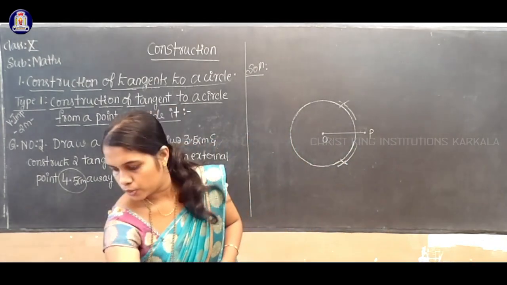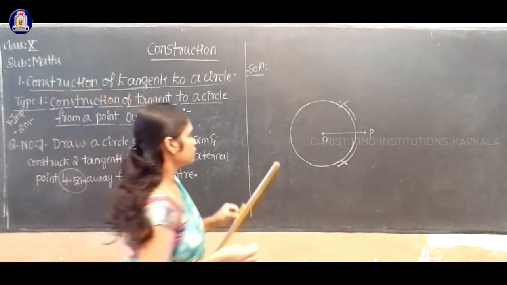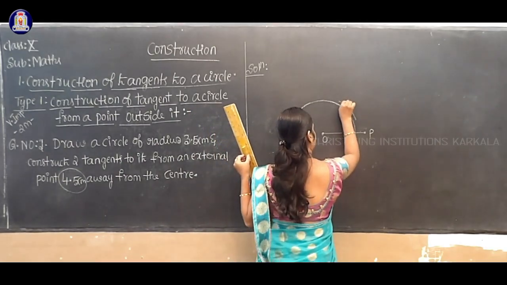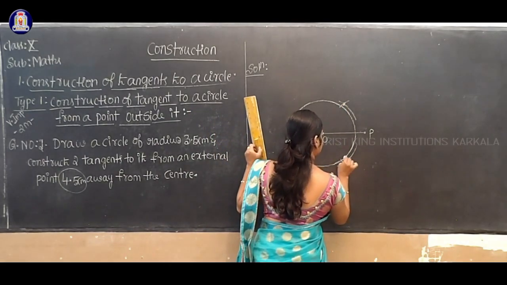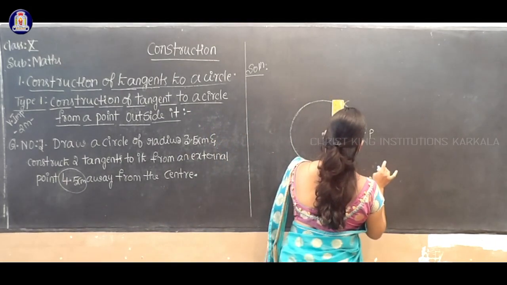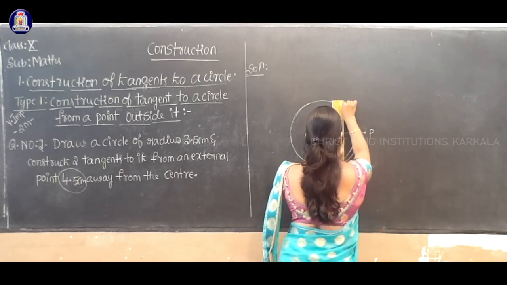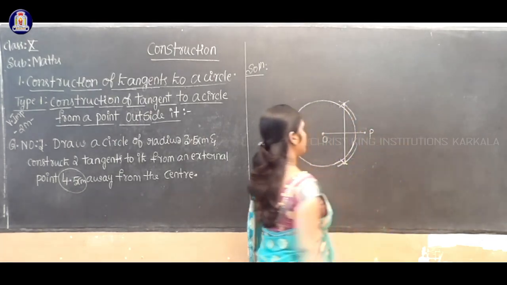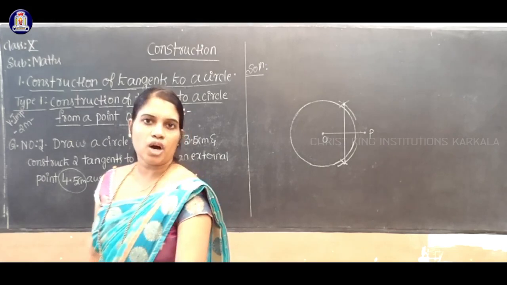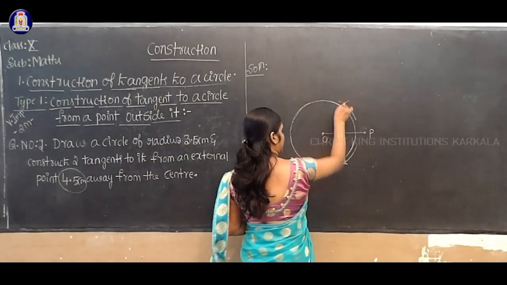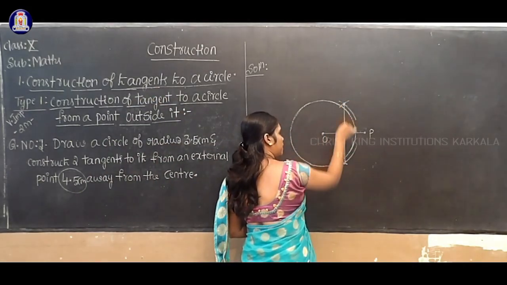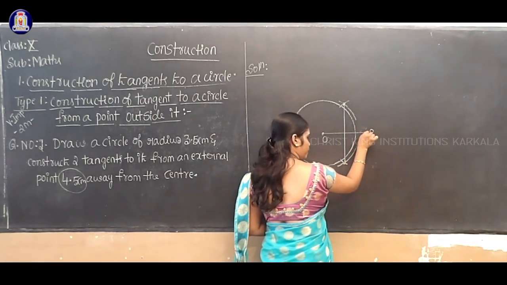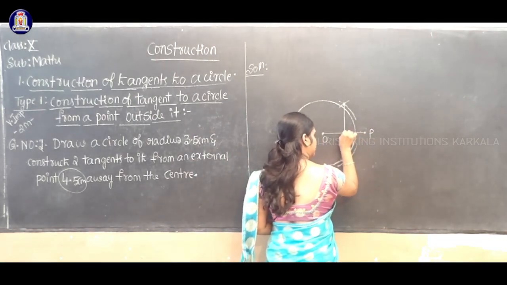Okay, now join these 2 points. So now this is your perpendicular bisector. Your perpendicular bisector and OP are intersecting at a point.